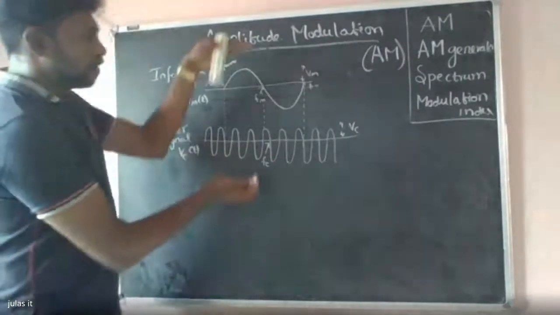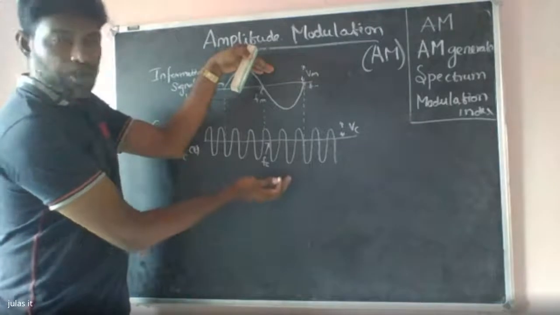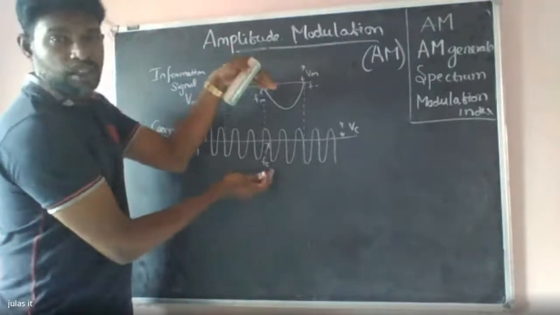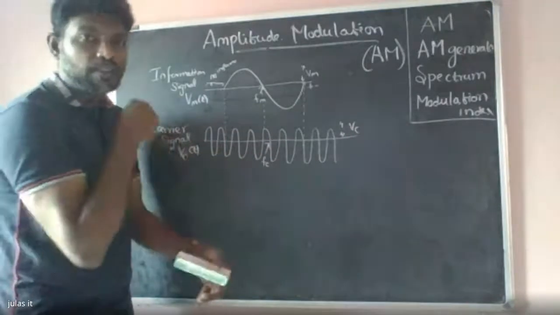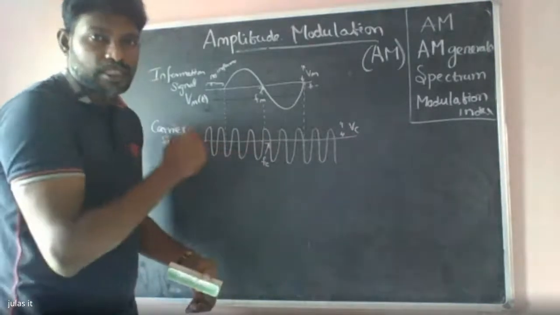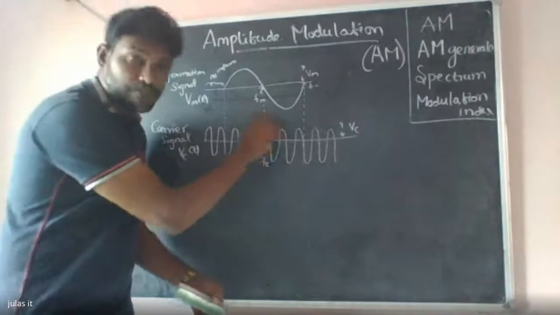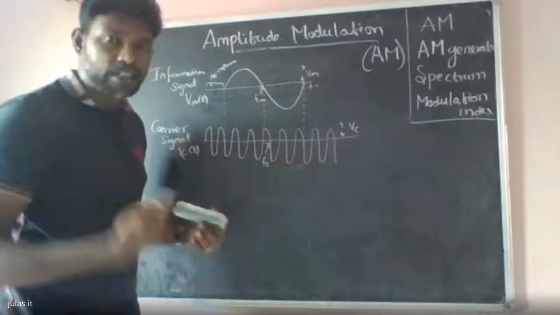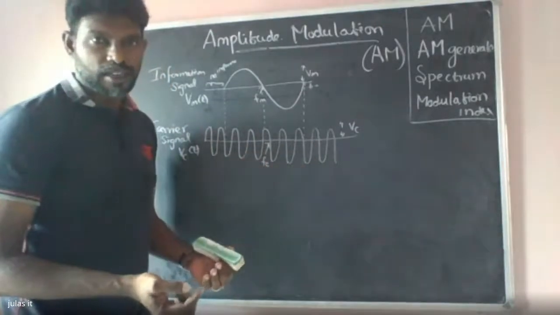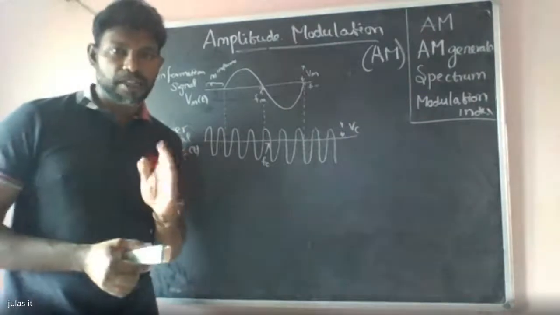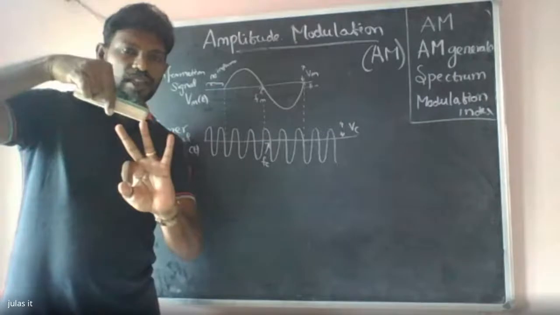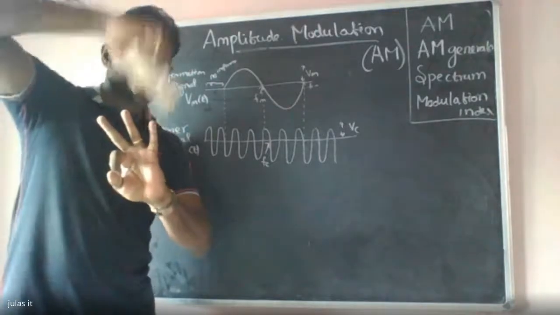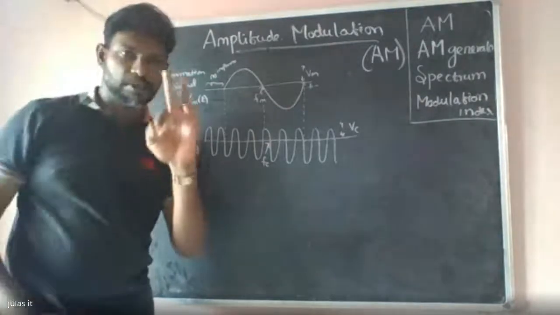Now, this information signal is going to be added with, or superimposed on, this carrier signal. While we are doing this, if changes take place in the amplitude of the signal, we call it amplitude modulation, right? Already we have seen that a signal has three components: amplitude, frequency, and phase. For this type of communication, we never speak about the phase.